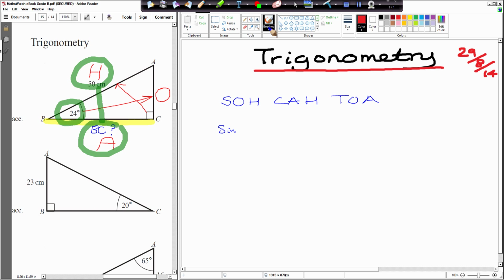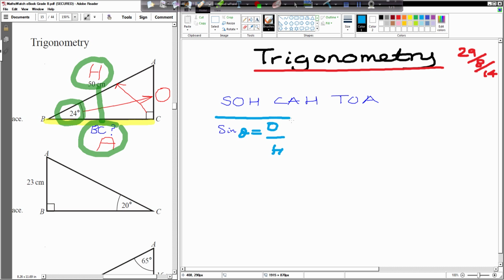Okay, sine of my angle is equal to the opposite divided by the hypotenuse. That's what SOH stands for. Sine, O over H. So this is called a trigonometrical identity. So that is the sine one.